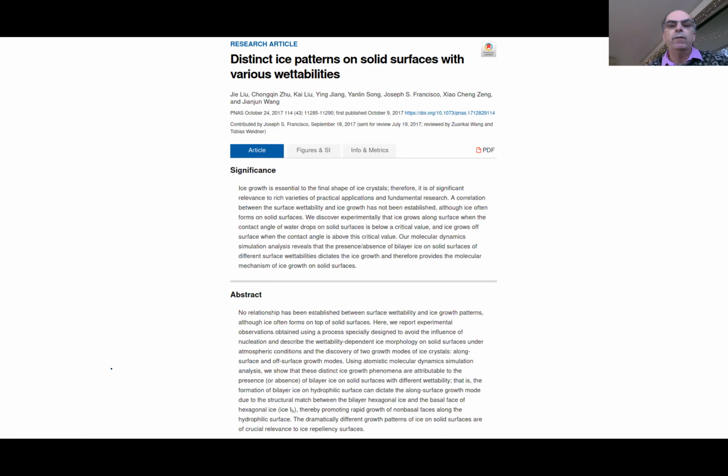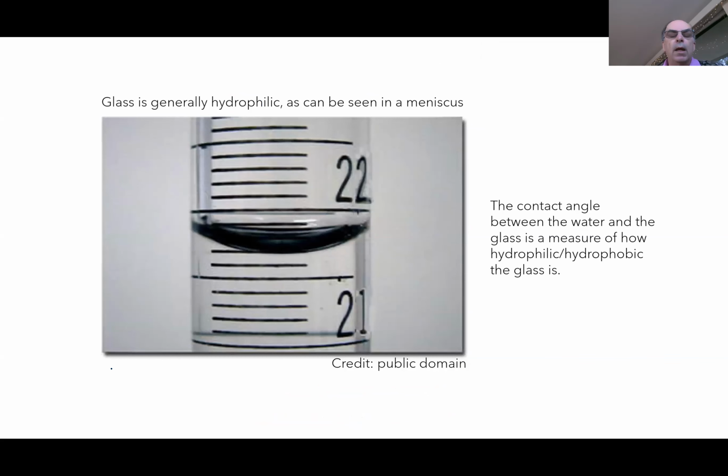Now, there have been some recent very interesting papers showing how ice forms on surfaces. This is one here, which I'd recommend having a look at if you are interested in this subject. One of the key factors in what happens to water molecules as they start to accumulate is the contact angle between the water and the glass, or whatever the surface is.